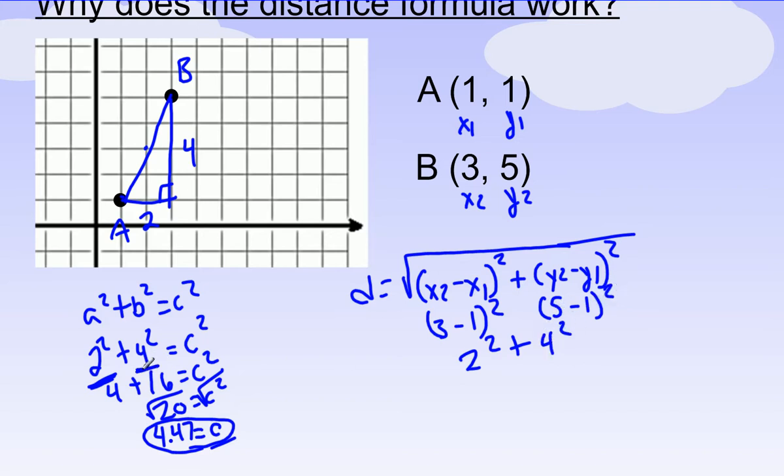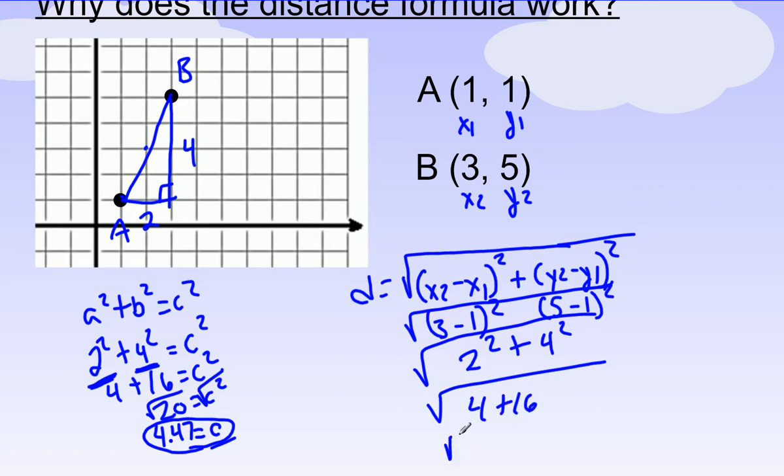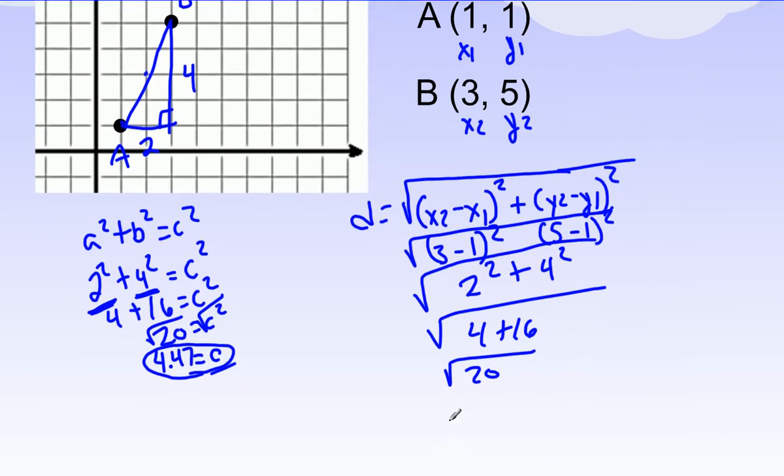That is literally this 4 squared right here. It's the distance here, the change in y. And let's not forget our square roots everywhere. 2 squared is 4 plus 16. Square root of 4 plus 16 is 20. And the square root of 20 is 4.47.